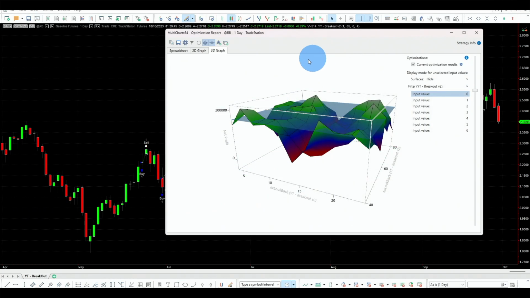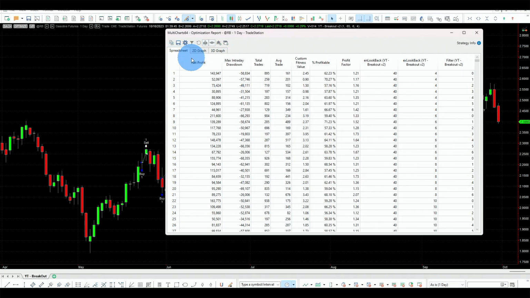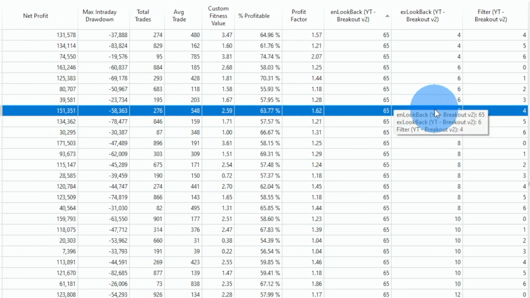So if we go back to our spreadsheet, let's sort by this, and we're looking for 65 and 6. This is 65 and 6 with filter 4. And as you can see, we are making 2.5 times return to drawdown ratio.